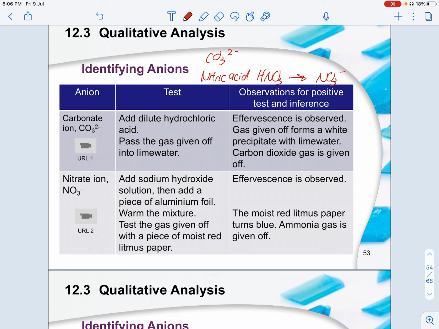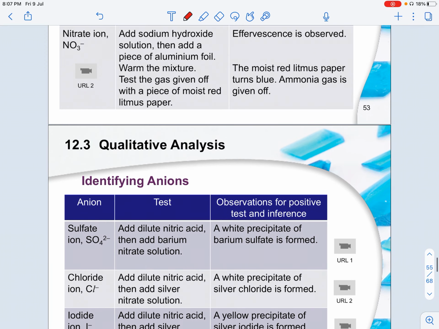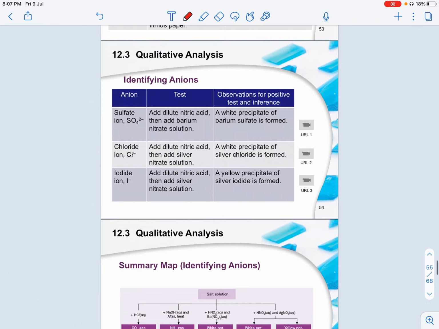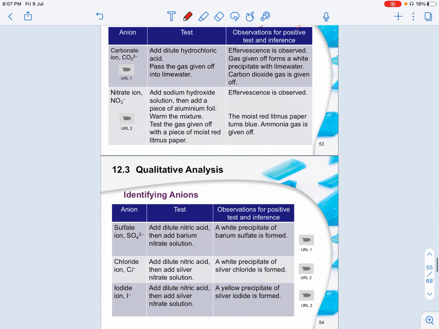Then you have your chloride ions generated from hydrochloric acid, and you have your sulfate ions that are generated from your sulfuric acid. So you can see that these are the common kinds of ions that you have to remember, and it's mainly because of the chapters that we have studied before.